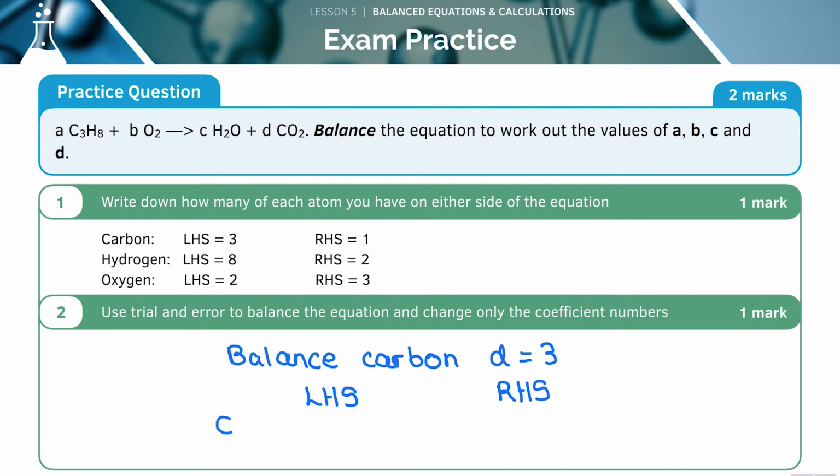We're just going to put C, H and O. So if D equals 3, we've got 3 carbons on the left and 3 on the right. For hydrogens, we've got 8 on the left and 2 on the right. Oxygen, however, we still have 2 on the left, but we now have 7 on the right.